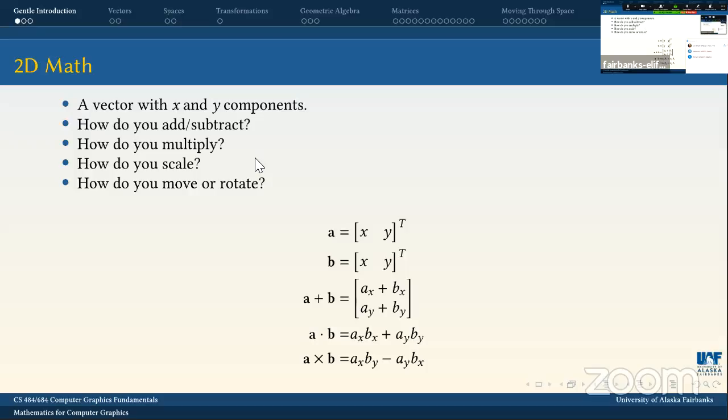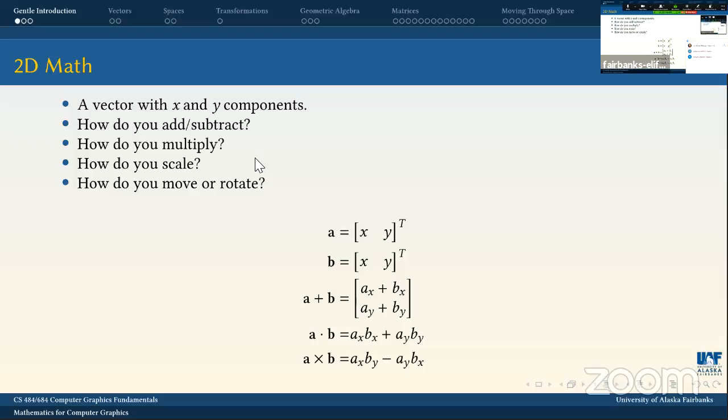We can multiply them together and get the dot product, so we can find out what the cosine of the angle is between the 2 vectors. We can scale them, so we can make the vectors bigger or smaller. This would be useful if you had a sprite on the screen that you want to make bigger or smaller; you can scale it, just multiply those. And then a question we have not answered is, how do you move or rotate a point? That's a little bit different story.